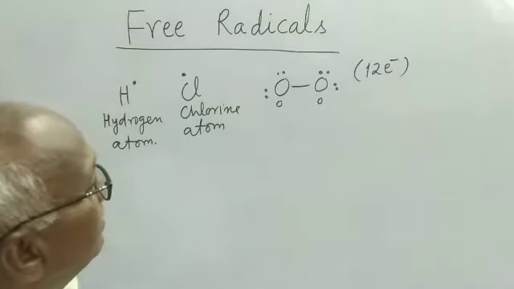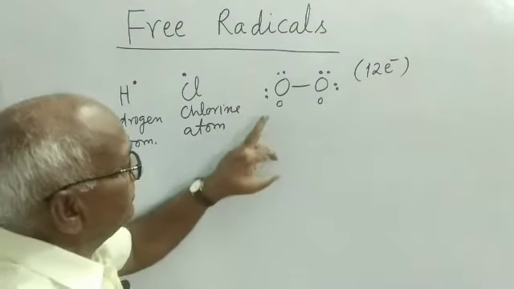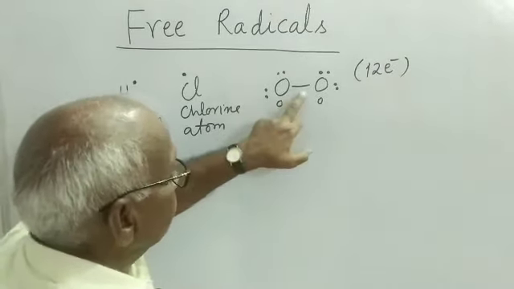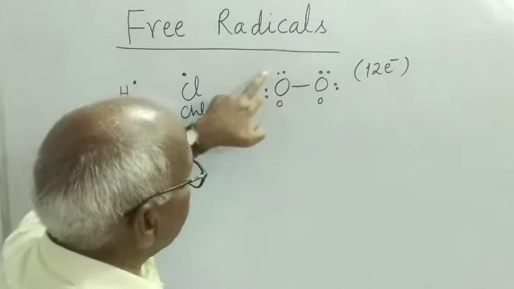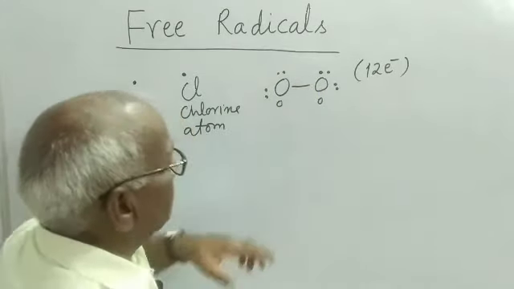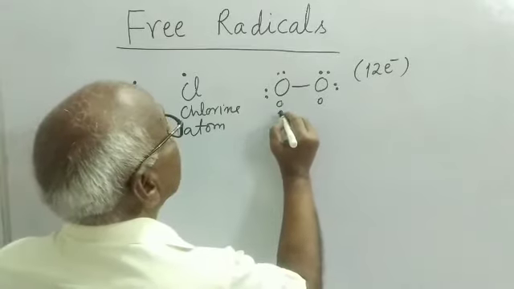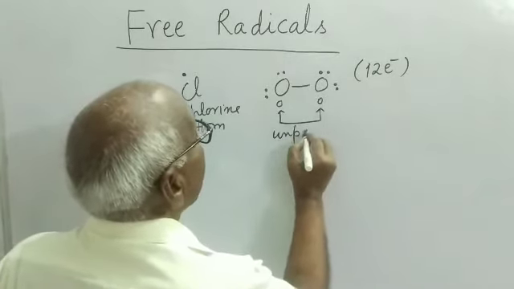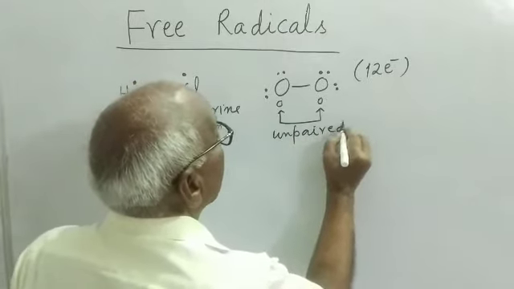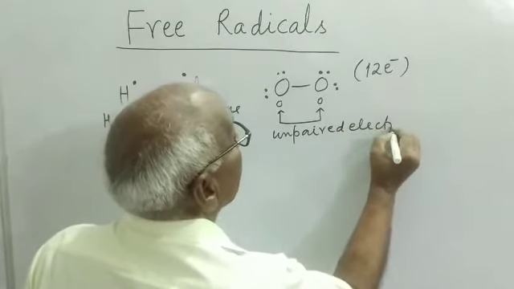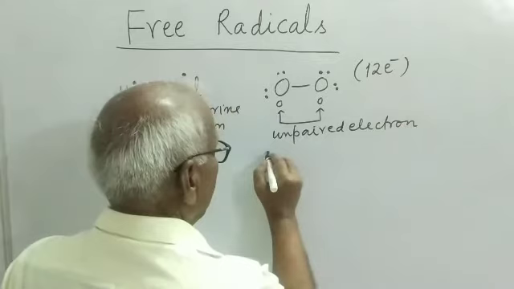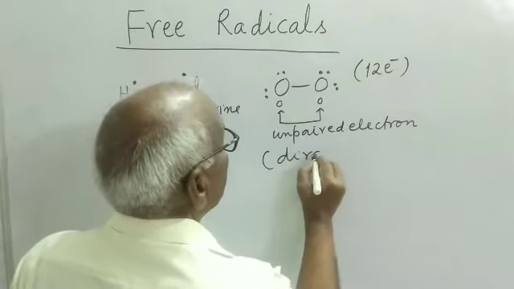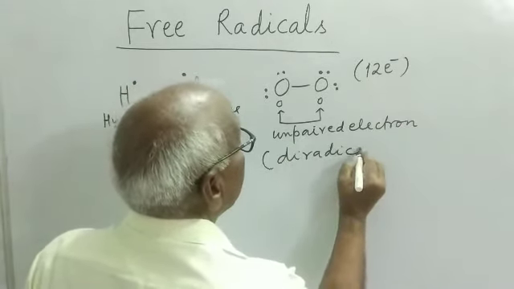See the situation: 2, 2, 2, 6, 8, 10, and these 2 electrons are unpaired. So this is unpaired electron. So oxygen is a diradical. 2 unpaired electrons, it is diradical.